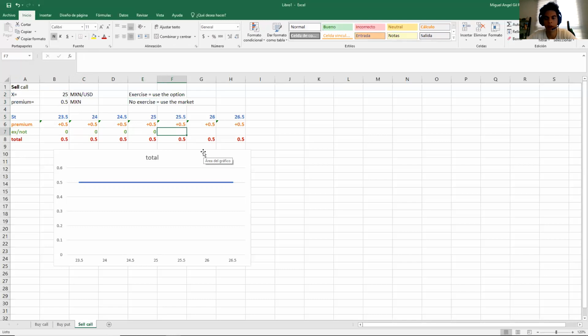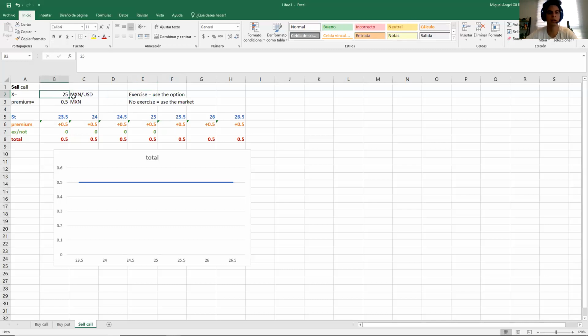At 25.5 is different, because at 25.5 that person doesn't want to pay 25.5 in the market if that person has the option to pay only 25 with me. So that person will say, yes, I want to exercise my option. And if that person exercises the option, is that good or bad for me? It's going to be bad, right?